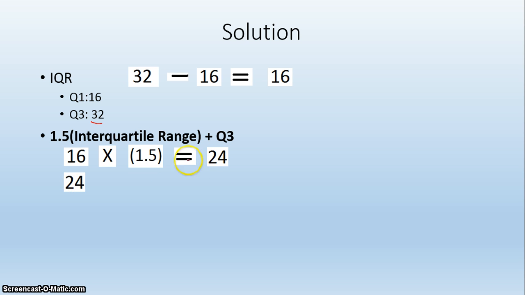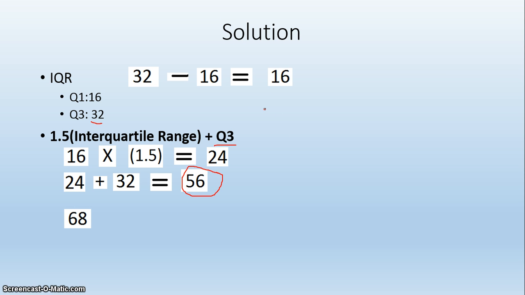And now we add 24 plus Q3, which is our third quartile, 32, and we get 56. This value right here tells you at what number the outliers begin, right? And so any number greater than 56 is going to be considered an outlier for this data set.